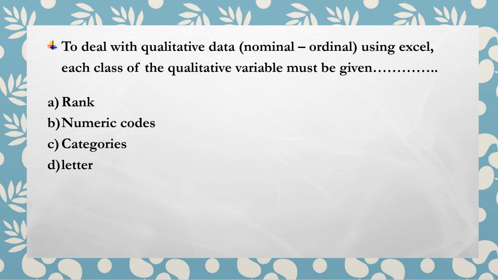Another question: to deal with qualitative data, either nominal or ordinal, using Excel, each class of the qualitative variable must be given what? In order to make any statistical analysis on qualitative data entered in Excel, nominal or ordinal, you should transform this data into another shape so Excel can understand what operation or analysis you want it to make.